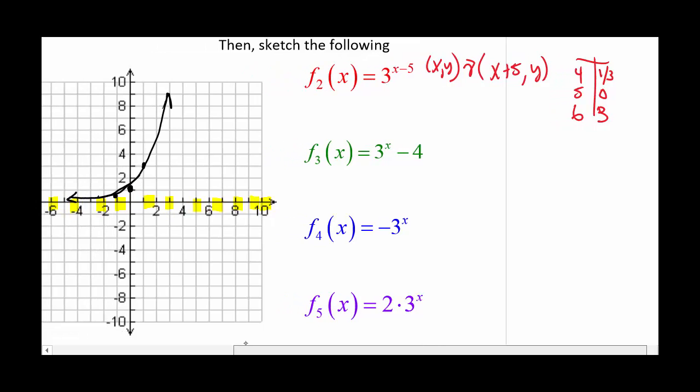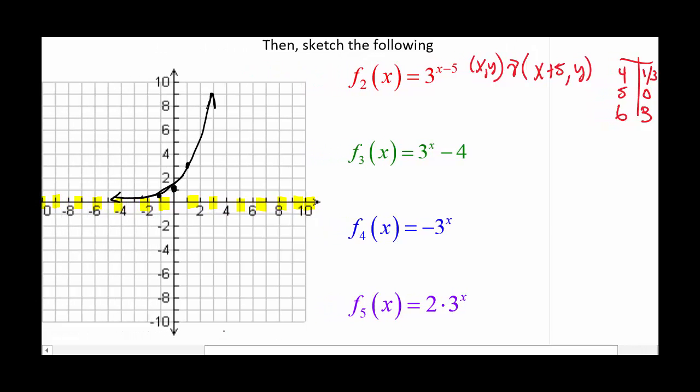So that's what I'm going to sketch real quick, and I'm going to do this in red so we keep that straight. So I got 4, 1/3, I got 5, 1, and I got 6, 3. So that's where our graph moves over to.